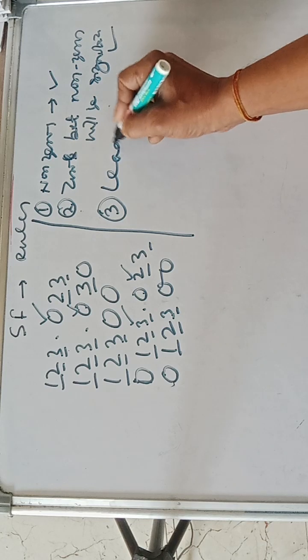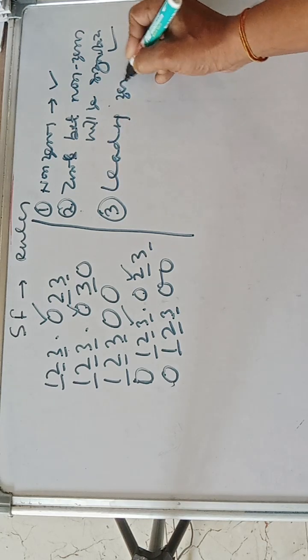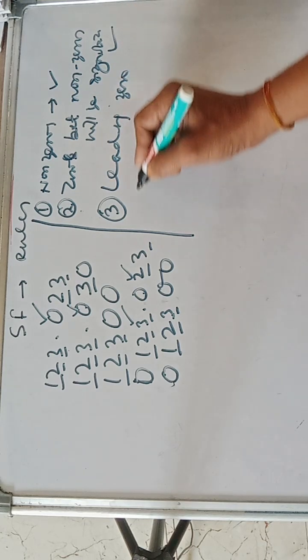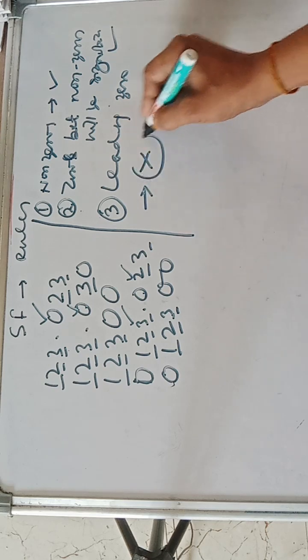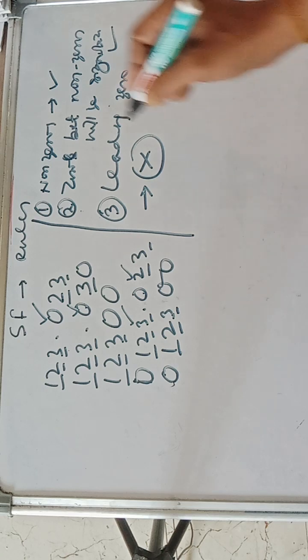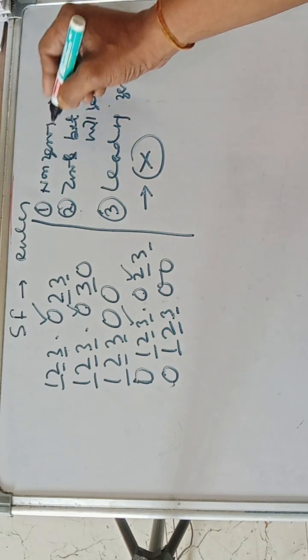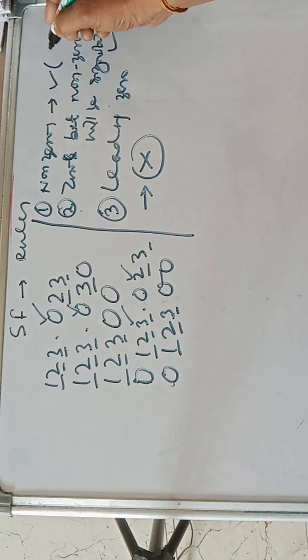Third says all leading zeros, whether it is a decimal number or a non-decimal number, in both cases are non-significant digits.